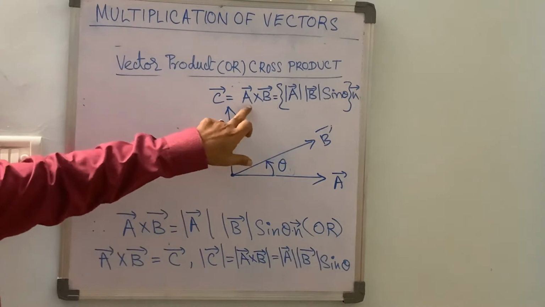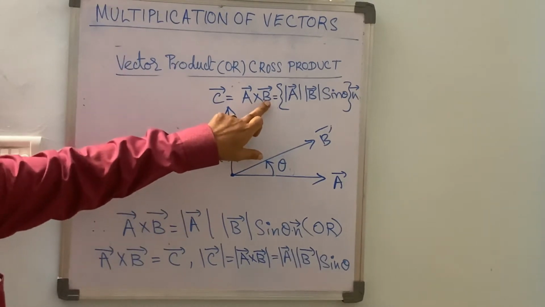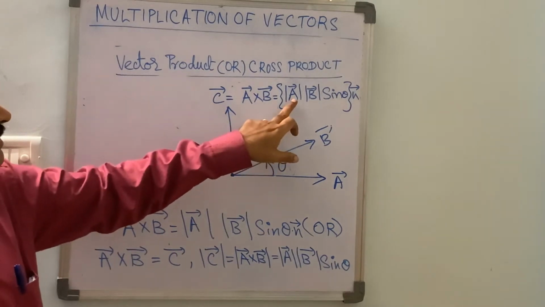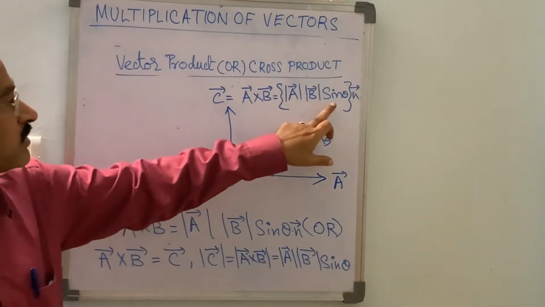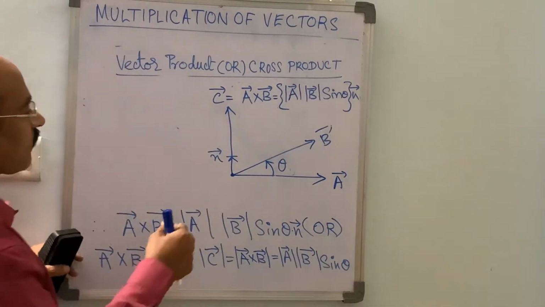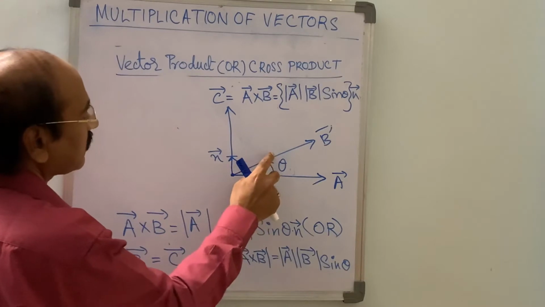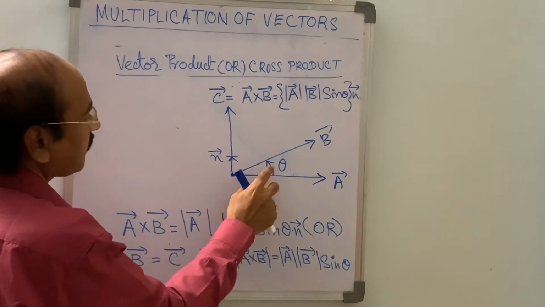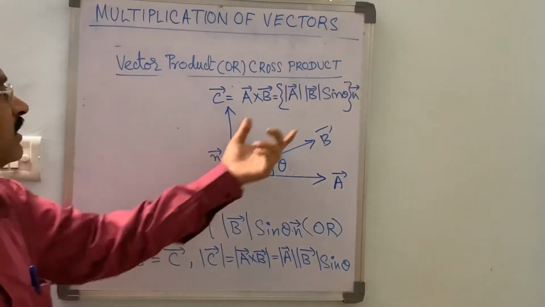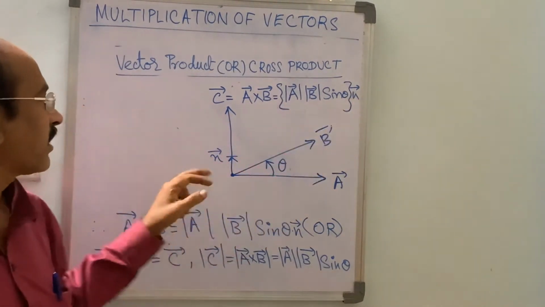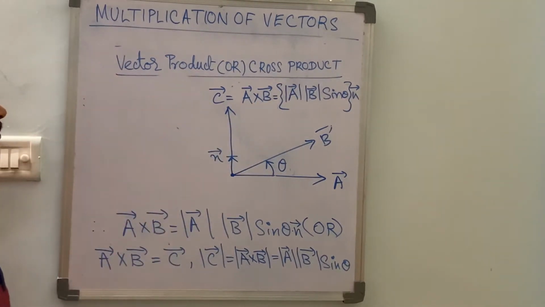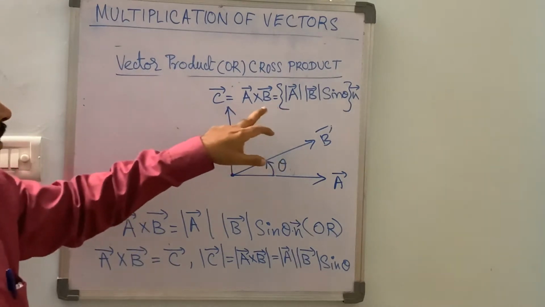So here the multiplication of two vectors a bar and b bar gives another vector c bar whose magnitude is modulus of a bar into modulus of b bar into sine theta, and whose direction is perpendicular to the plane containing a bar and b bar. When this magnitude is multiplied by the unit vector n bar in the direction of c bar or a bar cross b bar, then we obtain that vector.